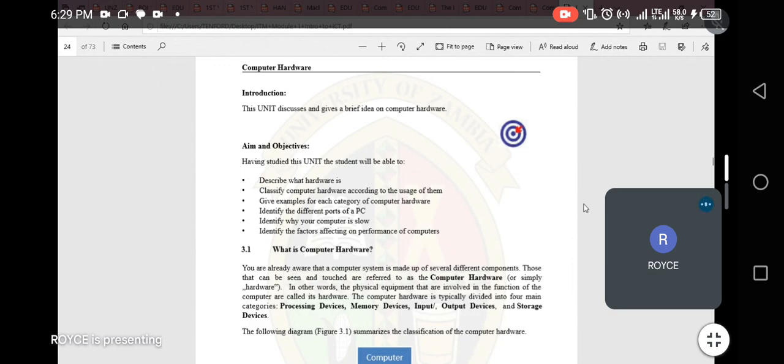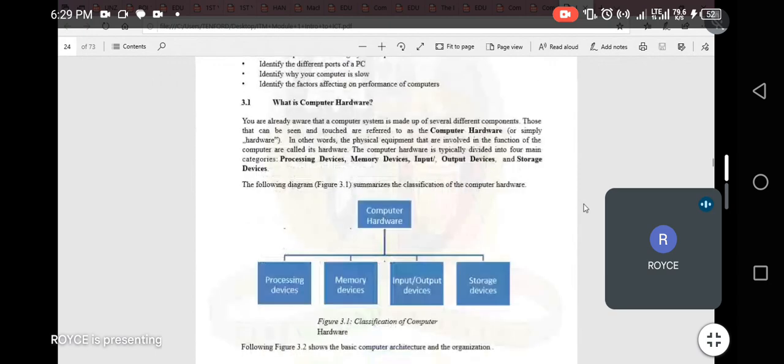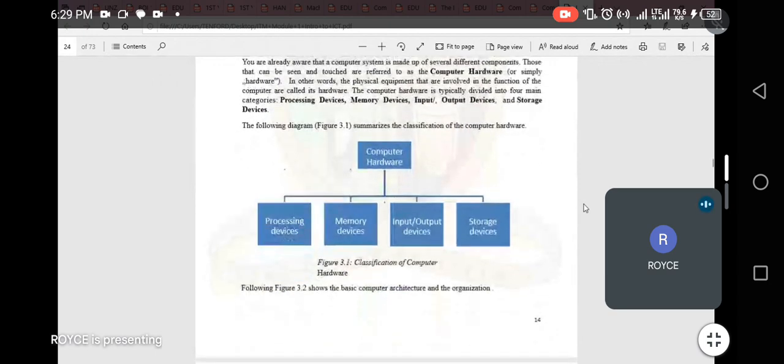We are going to look at the diagram that summarizes the classification of computer hardware. This diagram basically gives us a summary of the classification.